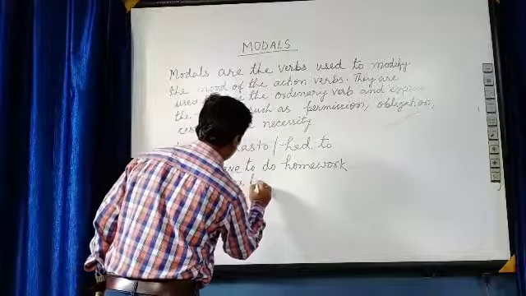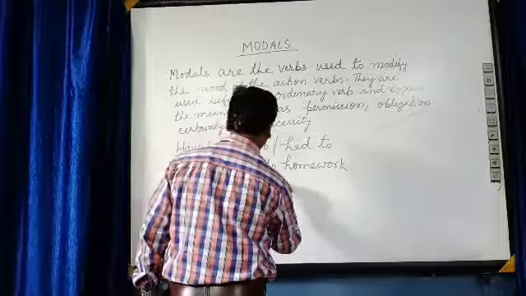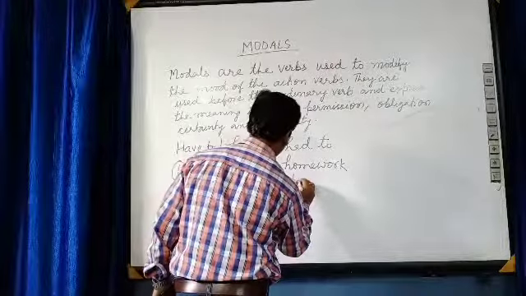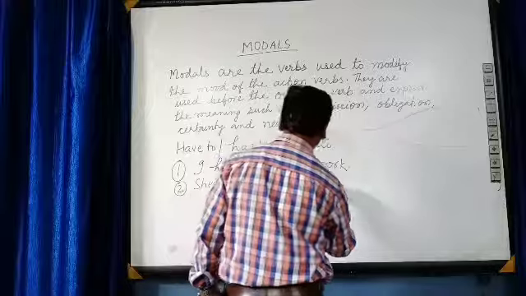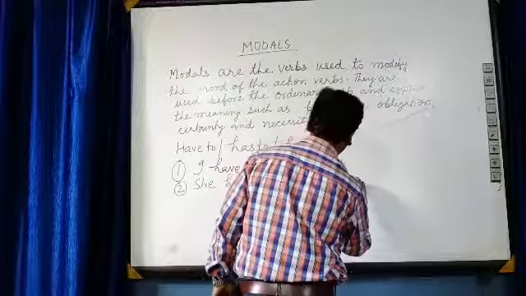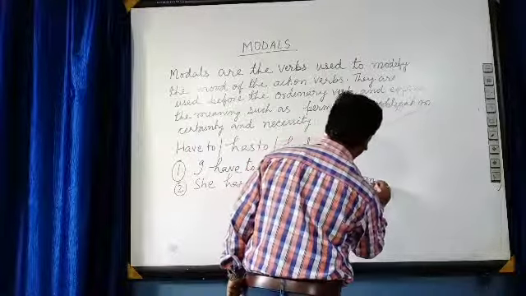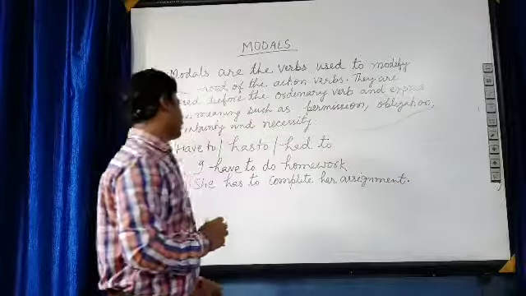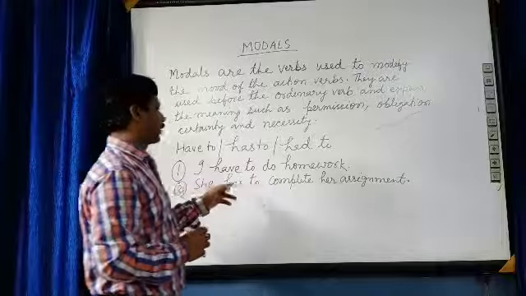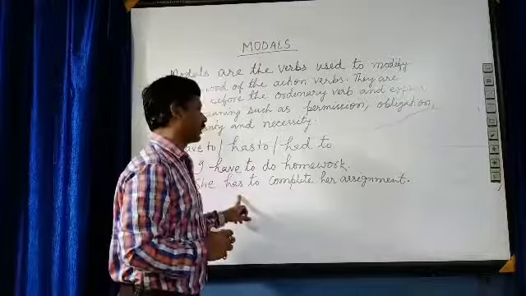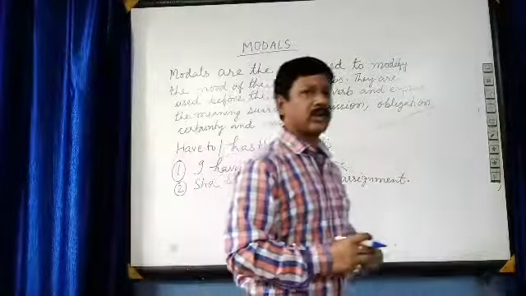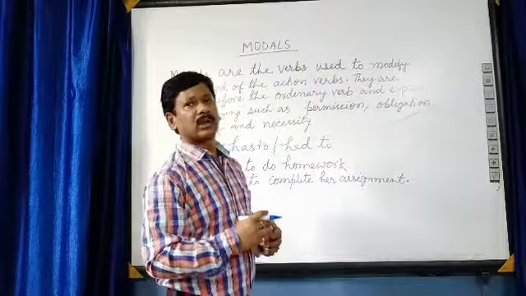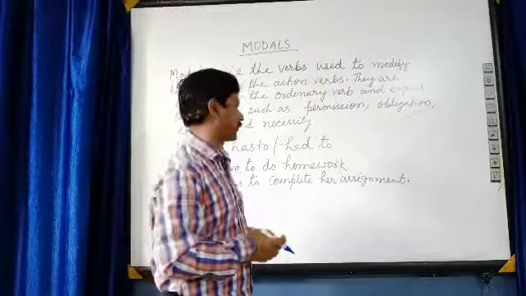She has to complete an assignment. From these examples you can understand that she has to complete her assignment. That means at any cost she has to finish her assignment, since she has to produce it somewhere.